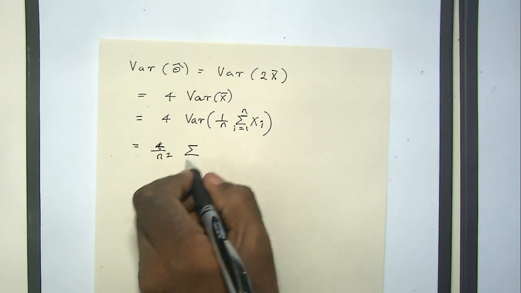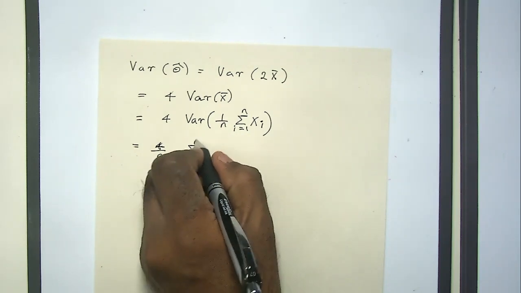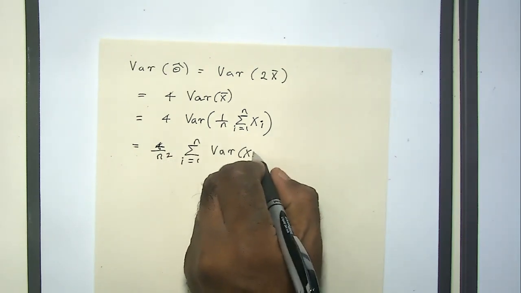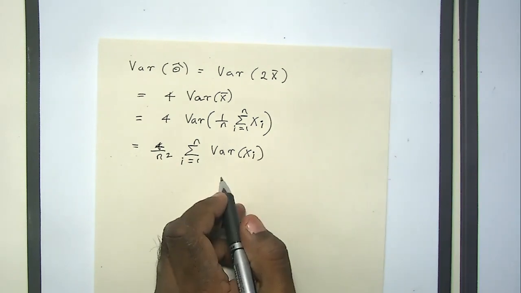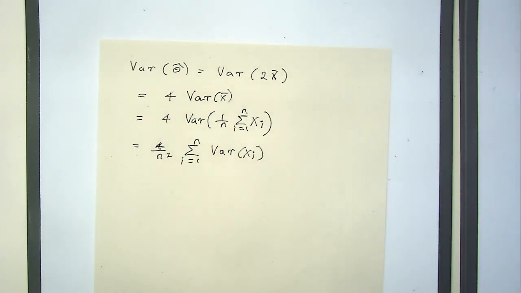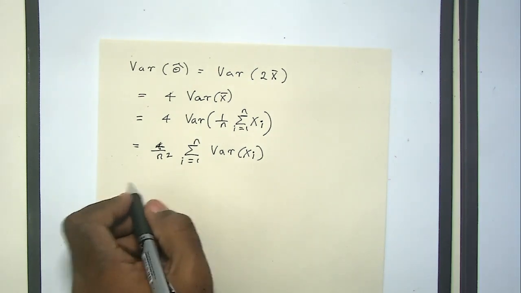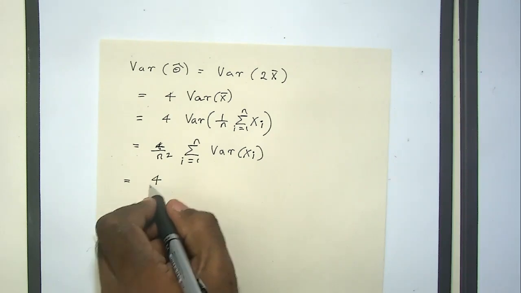Times the sum of the variance of xi. Now once again, the formula for the variance of a uniform a b is b minus a squared divided by 12, right? You remember that? It's in the handout I gave you on the first day of classes.